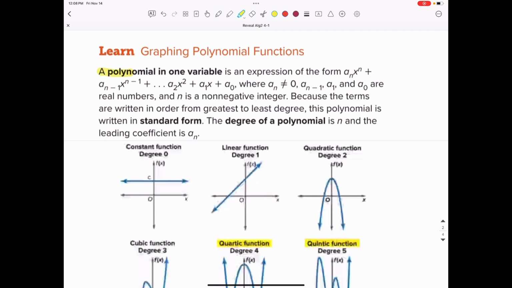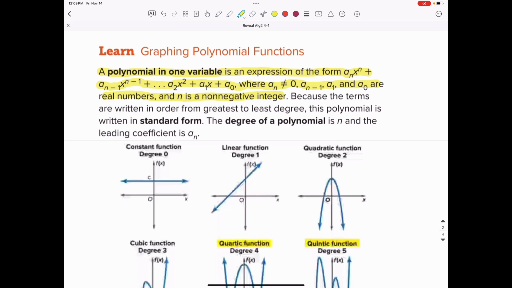A polynomial in one variable is an expression in the form of a sub n x to the n plus a sub n minus 1 x to the n minus 1 plus dot dot dot, etc., where a sub n does not equal 0, a sub n minus 1, a1, and a0 are real numbers, and n is a non-negative integer.